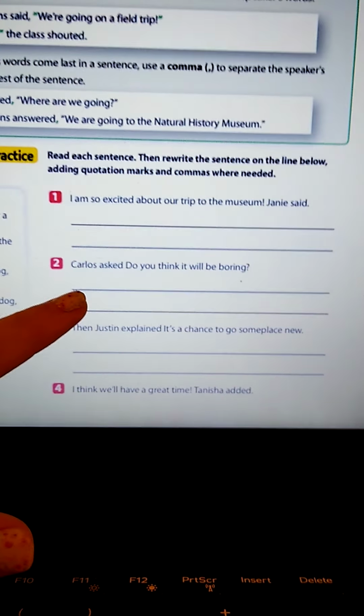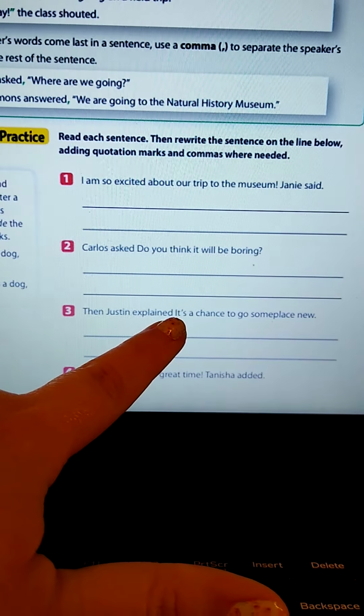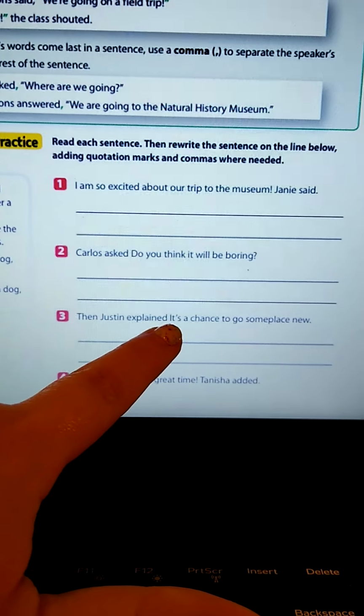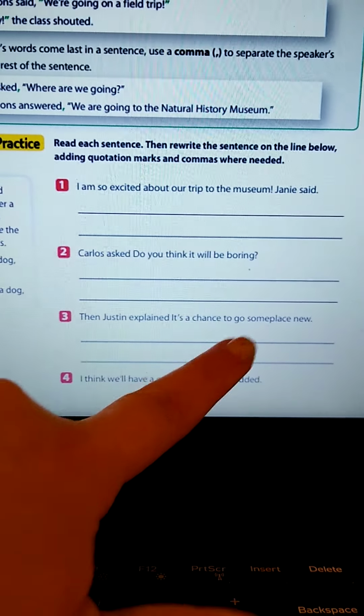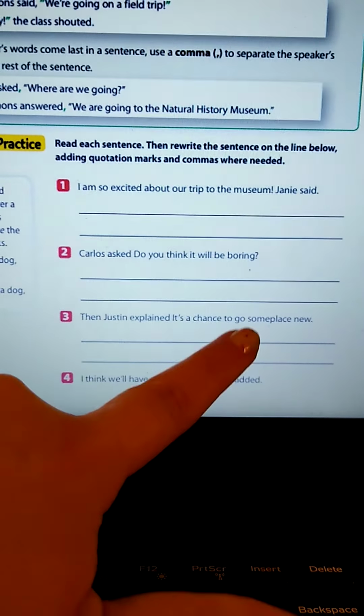Question mark, and then add the quotation marks. Then Justin explained, our comma would go there, then our quotation marks. "It's a chance to go someplace new," quotation marks after the punctuation. "I think we'll have a great time," Tanisha added. So quotation mark at the beginning, quotation mark after the punctuation.